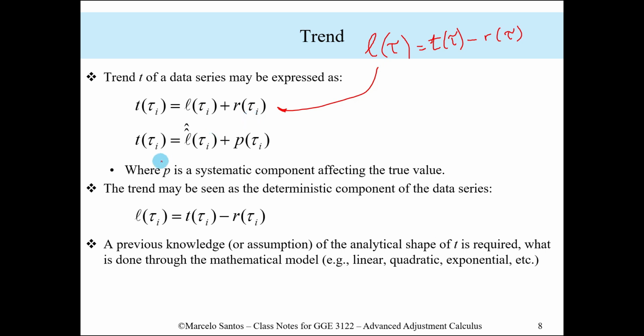As we have seen before, the trend is nothing else but a systematic variation around the true value. The trend, therefore, can be seen as the deterministic component of the data series. The residuals are going to be the random component.